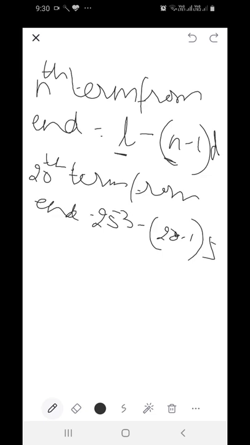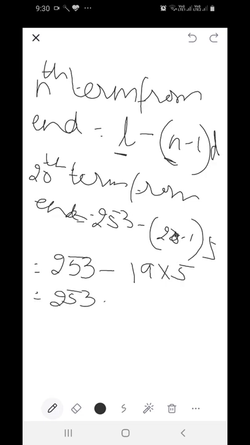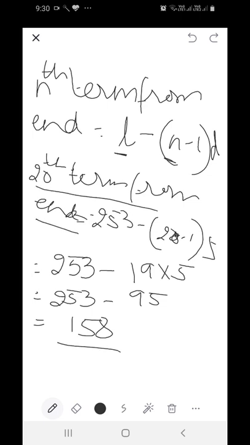So this is equal to 253 minus (20 minus 1 is 19) into 5. That will be 253 minus 19 fives, which are 95. And when you subtract, you get 158. So the value of the 20th term from the end is 158.